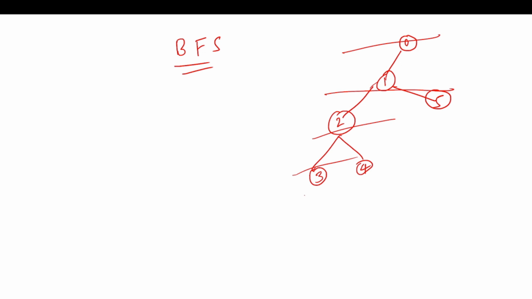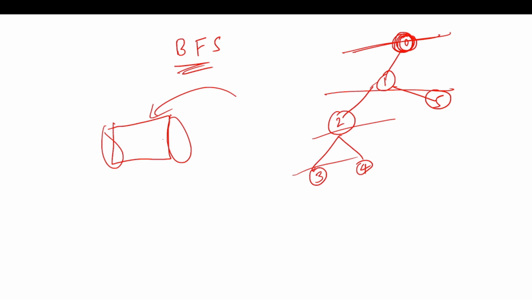That we will see. So in breadth first search, we have to start from the source node and we will mark it visited. Once a node is searched, let's suppose this node is already searched, then we will mark this node and say this is already visited. And we'll put it somewhere in the queue. Let's suppose we have a queue like this, so we will put the node into the queue.